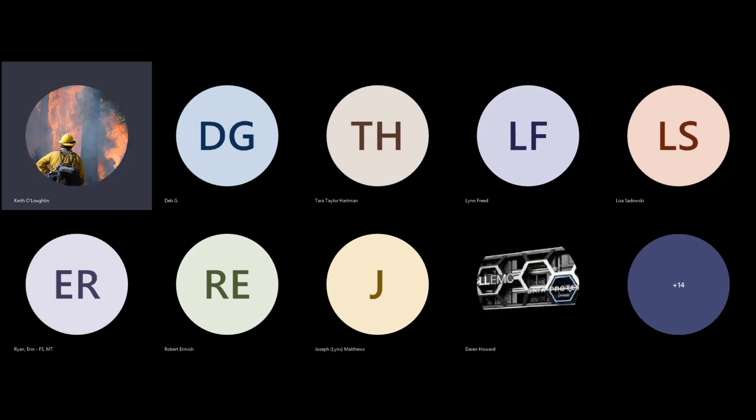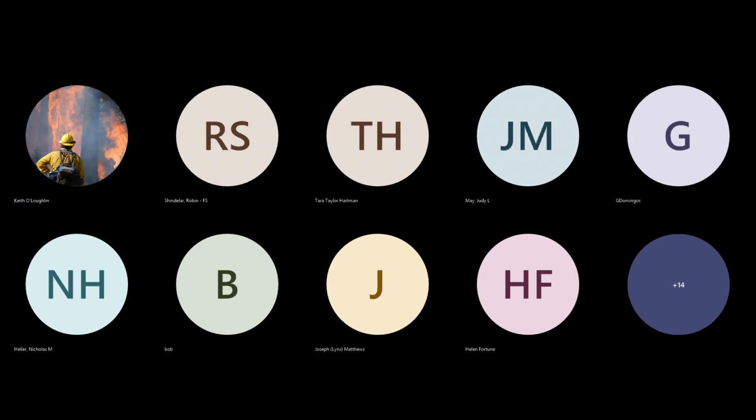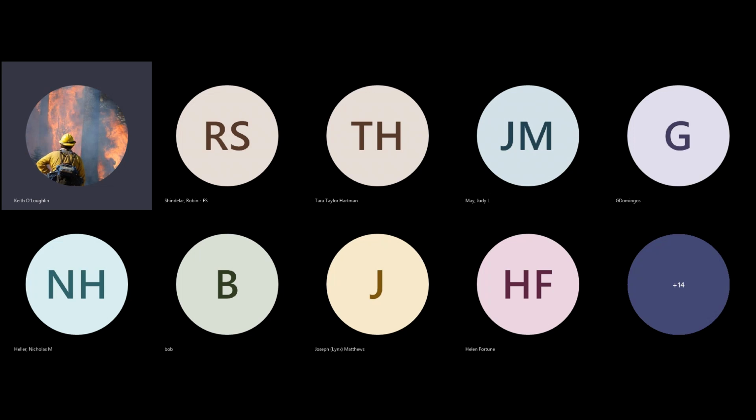Good afternoon, everyone. For those of you who do not know me, my name is Keith O'Laughlin. I work for the National Forest System within the Forest Service, and for lack of a better word, I've become the flow master for the Forest Service when we go on to incidents. This has been an evolution over time.